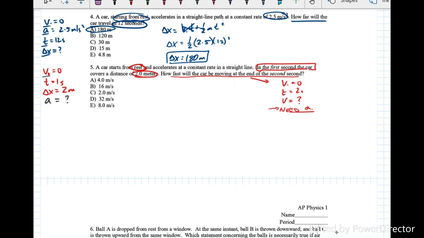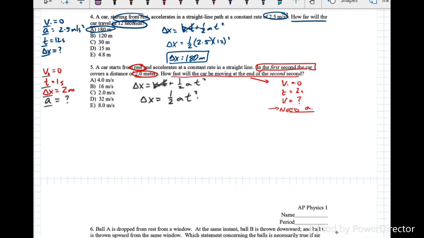So an equation with velocity, time, delta x, and acceleration is delta x equals v0t plus 1/2 at squared. v0 is 0, so that crosses out. So delta x is equal to 1/2 at squared.